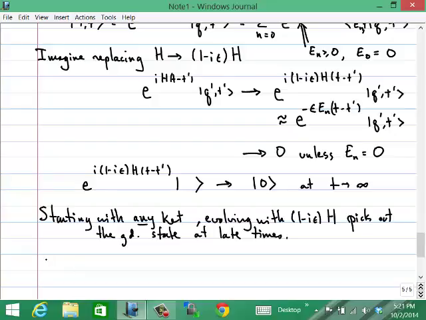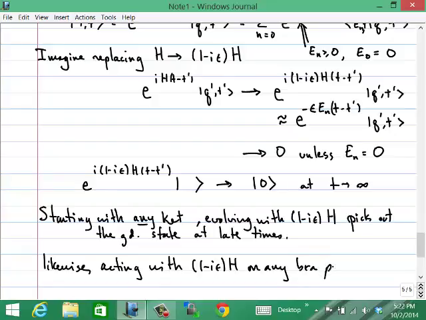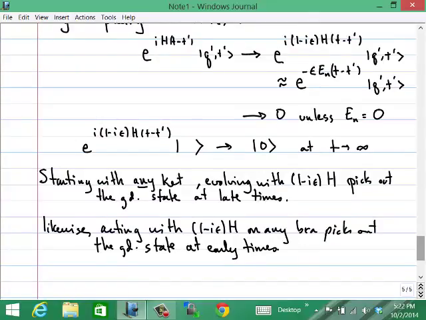And likewise, acting with 1 minus i epsilon h on any bra vector will pick out the ground state at very early times, for the same reasons. So what that means is that we can actually do something rather sneaky.